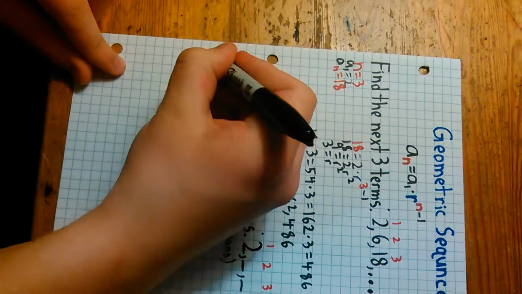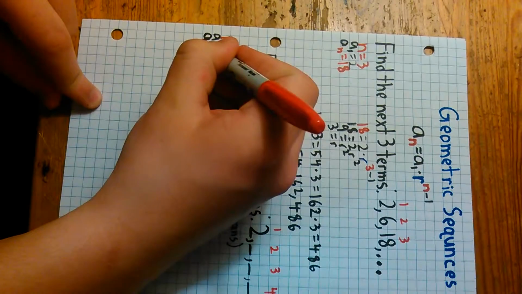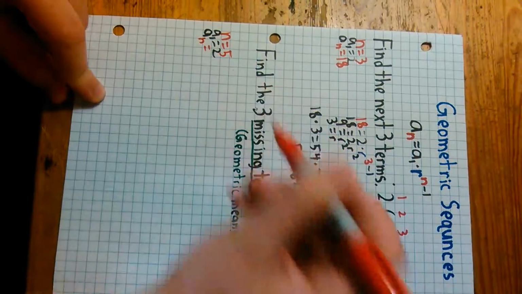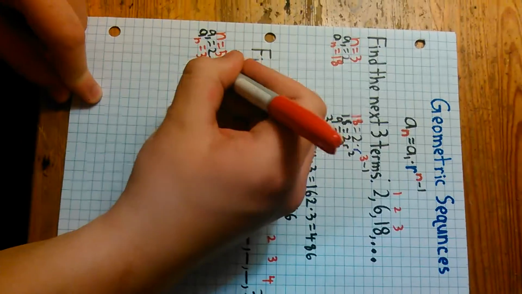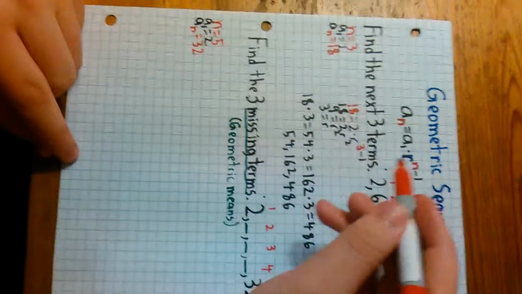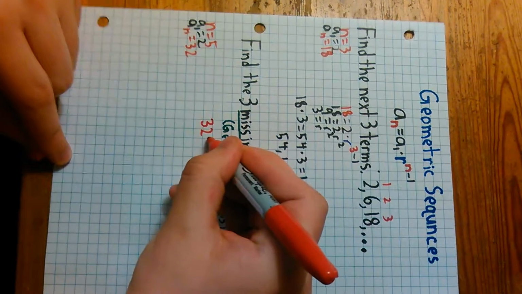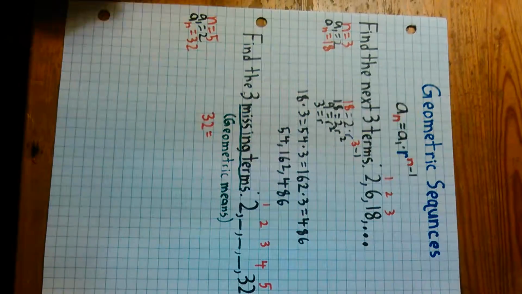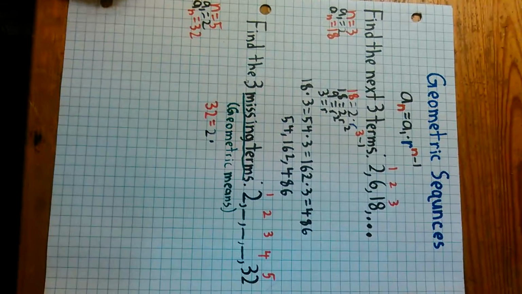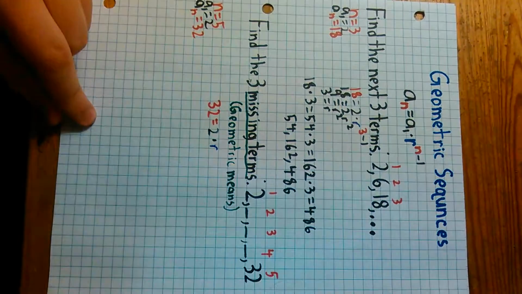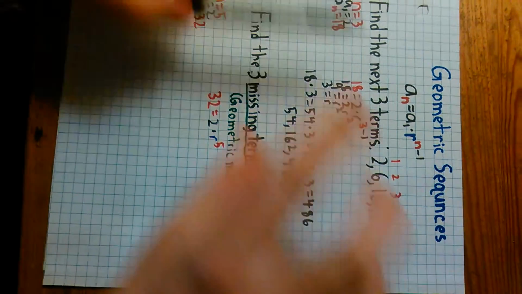And with a sub n, it's going to be our fifth term, and our fifth term here is 32. So now we just plug this into our formula. A sub n, which is 32, equals a sub 1, which is 2, times r to the n minus 1, so 5 minus 1.